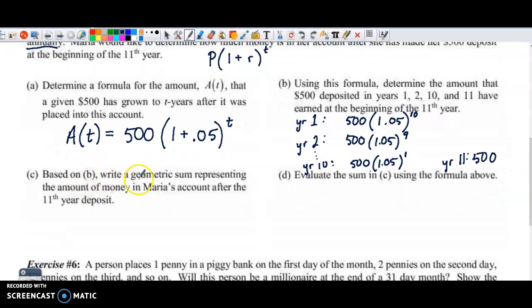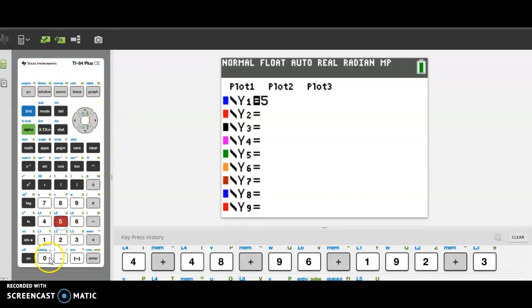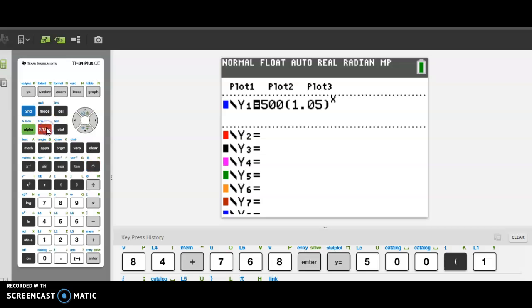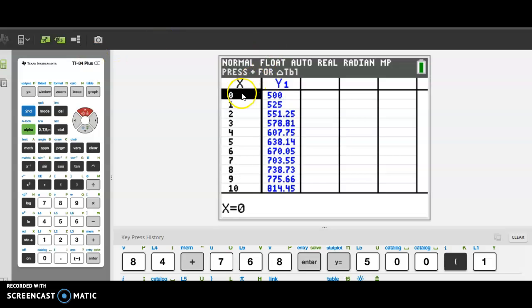As we write out the geometric sum, I'm going to start with the 500 first. The next payment, it might actually make sense to use a calculator, and I'm going to do an interesting trick. In Y equals, you can write the equation 1.05 to the x power. Then I'm going to go to my table. When x is 0, this is actually year 11's payment.